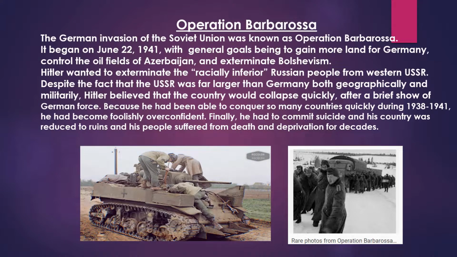Operation Barbarossa. The German invasion of the Soviet Union was known as Operation Barbarossa. It began on June 22, 1941, with general goals being to gain more land for Germany, control the oil fields of Azerbaijan, and exterminate Bolshevism.